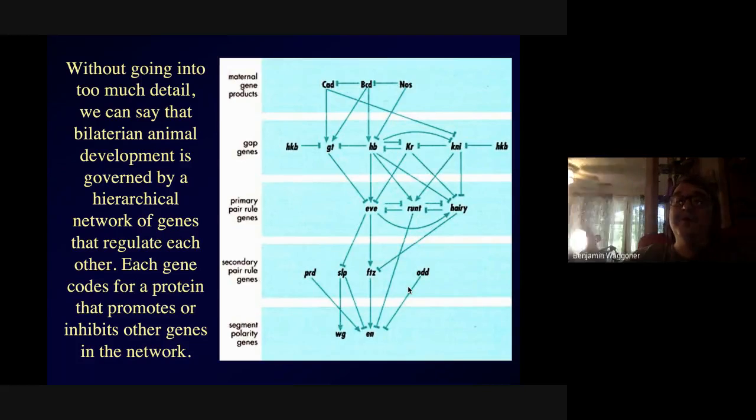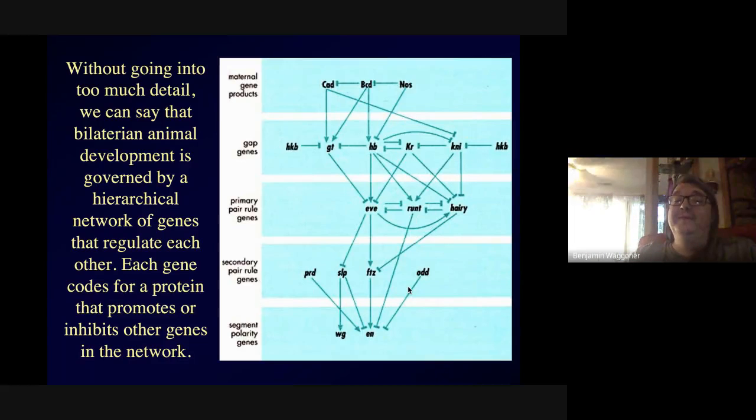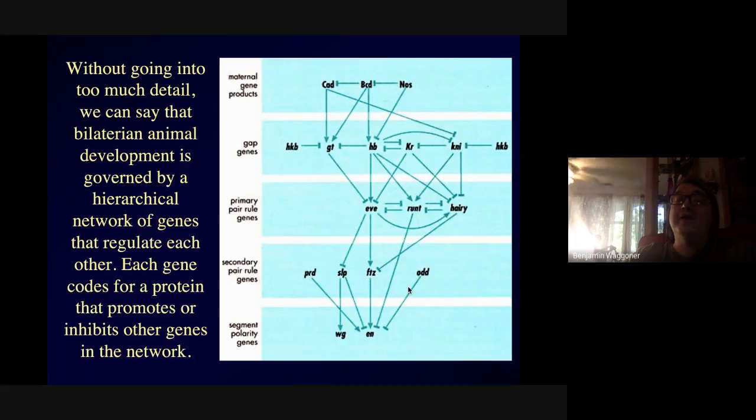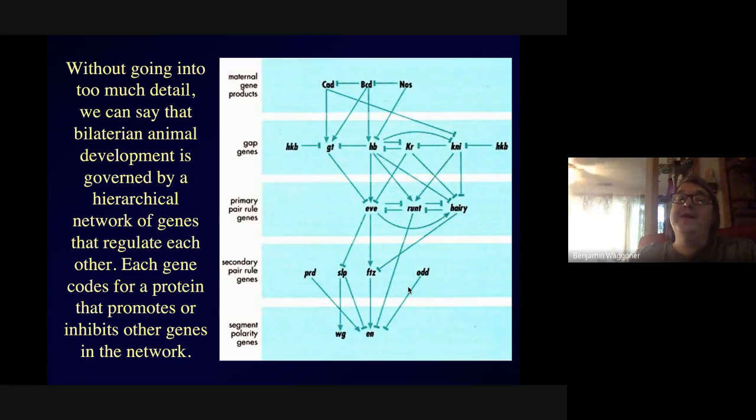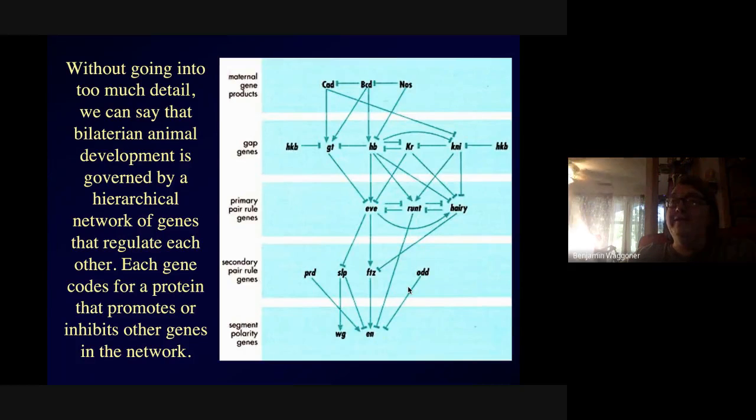And I'm not going to be able to talk you through the whole thing, but those maternal genes promote and or repress a set of genes called the gap genes that determine basically what the major regions of the embryo are going to be. The gap genes promote or repress, they can promote and repress each other.